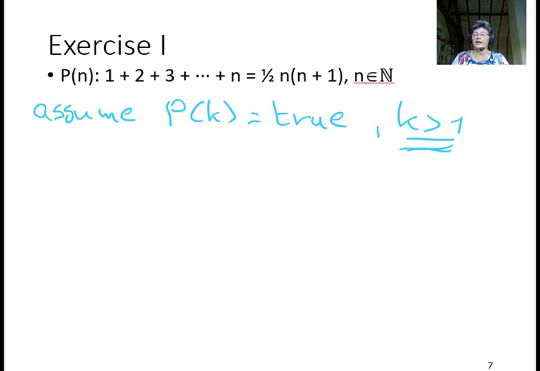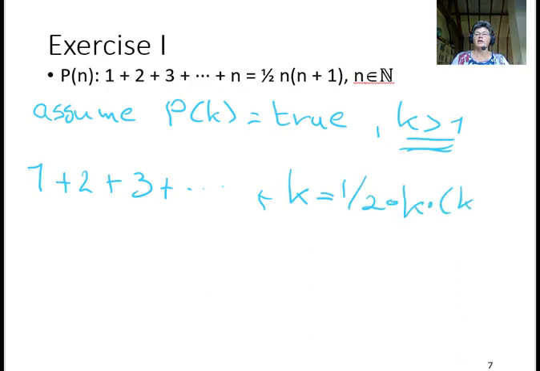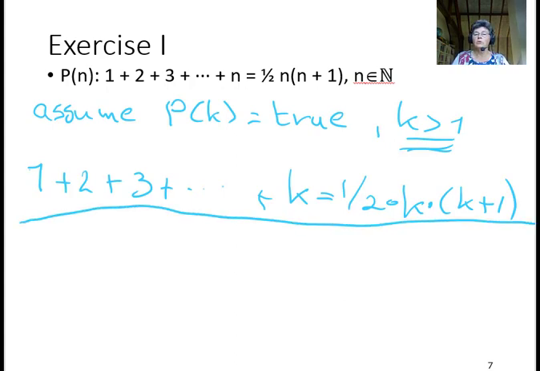Let's call it k. So P(k) is true for some element in the middle. That means that 1 plus 2 plus 3 plus up to k equals a half times k times (k plus 1). So this is our assumption. This is something we know.